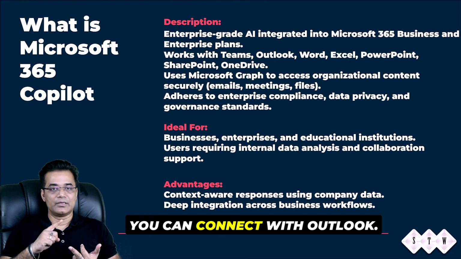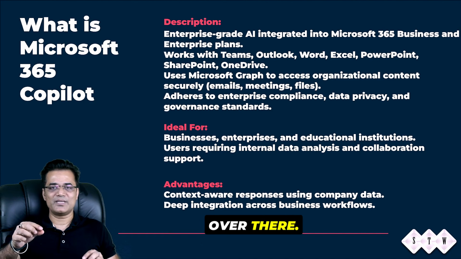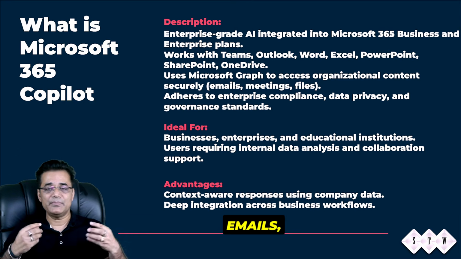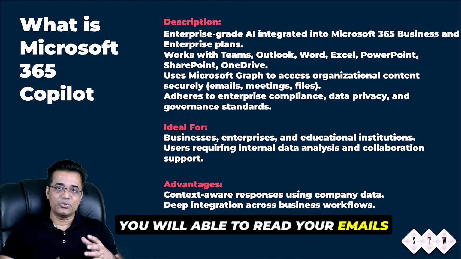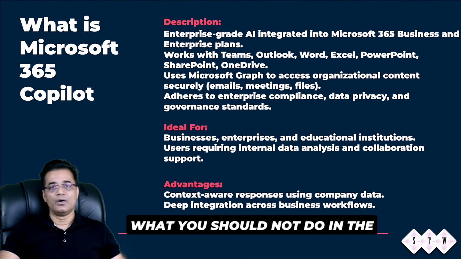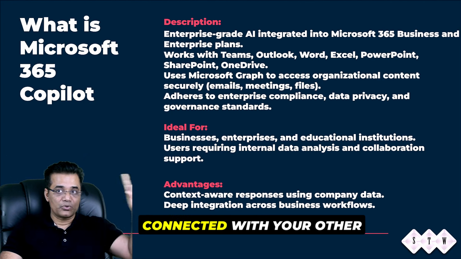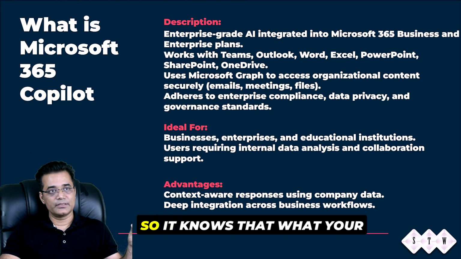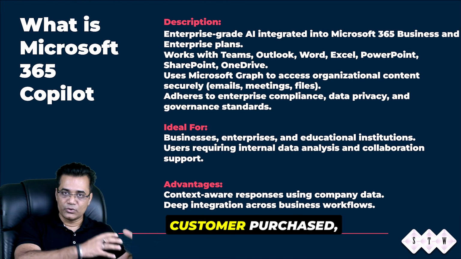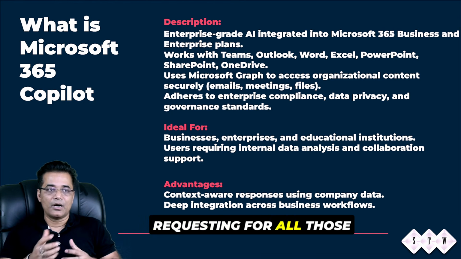You can connect with Outlook, so whenever you are writing an email, you will get a Copilot option over there, so you will be able to generate a response, compose new emails, and read your emails, and based on that it suggests what you should do and what you shouldn't do with this customer. And that Copilot is also connected with your other obligations, so it knows what your customer purchased and what your customer is requesting, all that information.